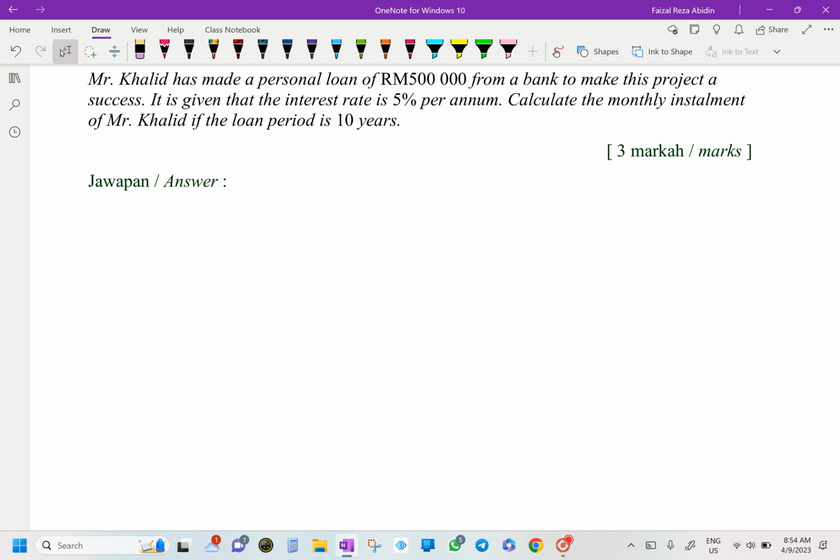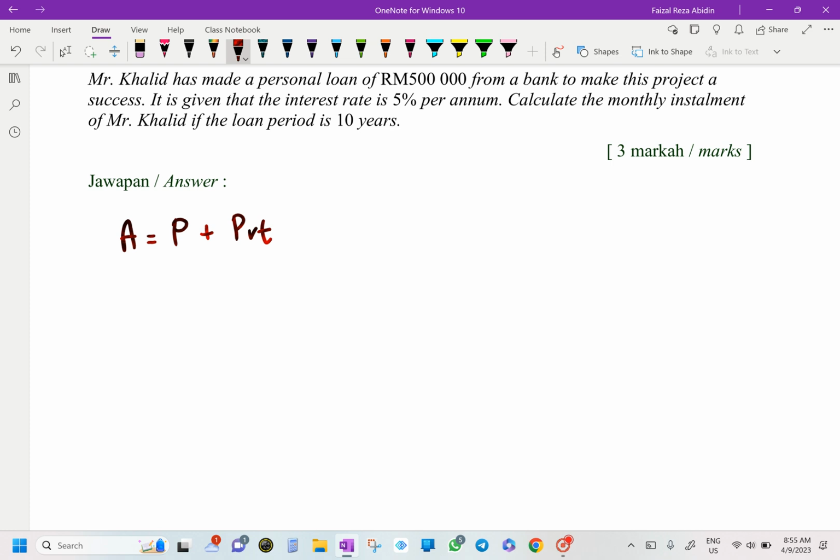If you are going to use compounded... You are using A equals P plus PRT because you need to know the total repayment.